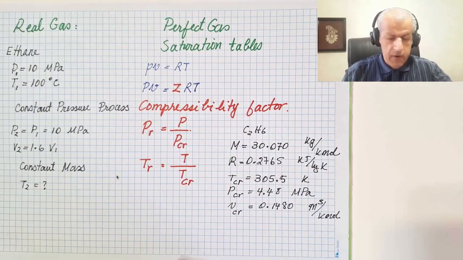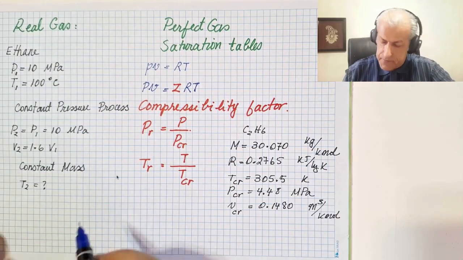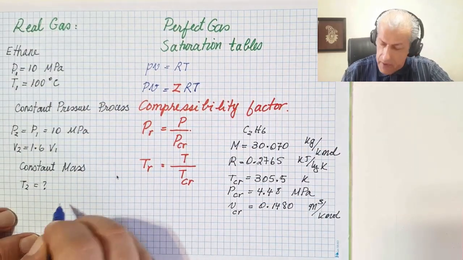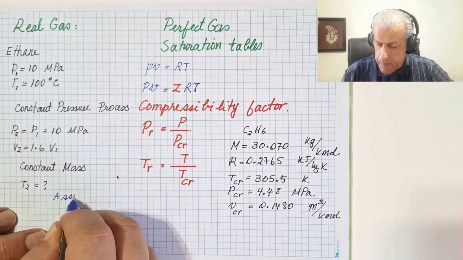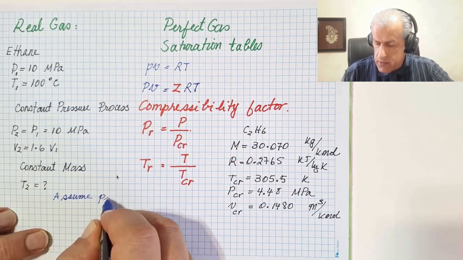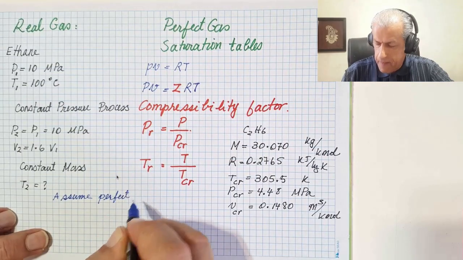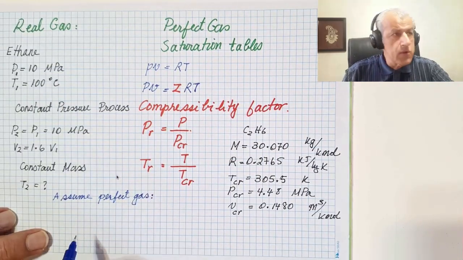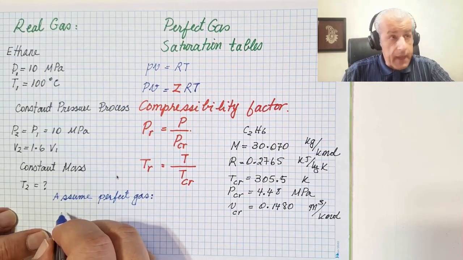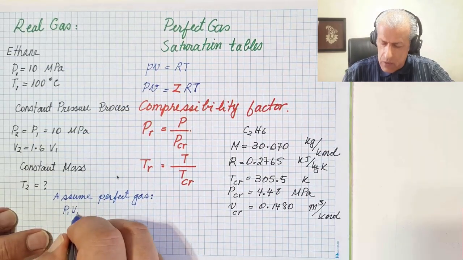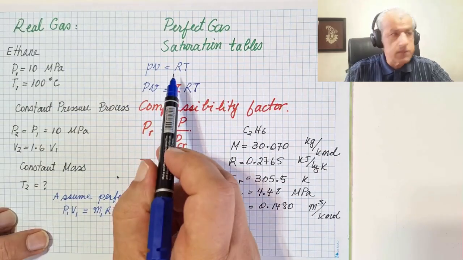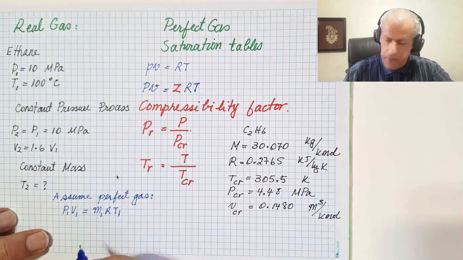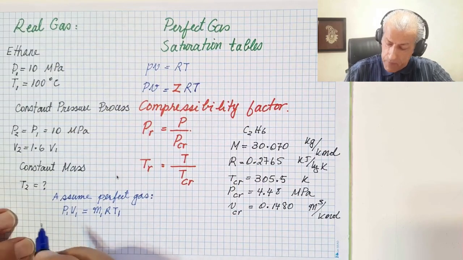For the initial condition, assuming perfect gas, at its initial condition P1 V1 equals M1 R T1.